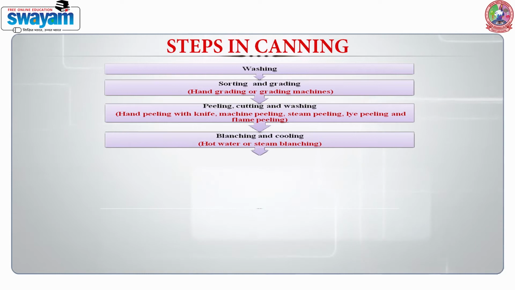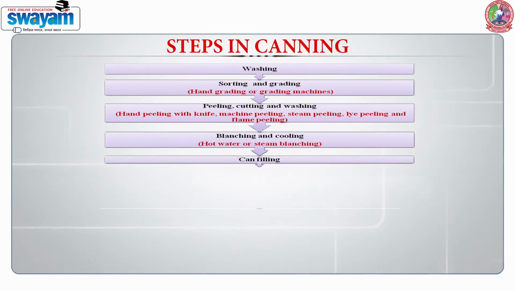After washing, the material is blanched, and this is followed by the cooling process. Once the fruit, vegetable or food material to be canned is cooled, it can be filled in the cans.